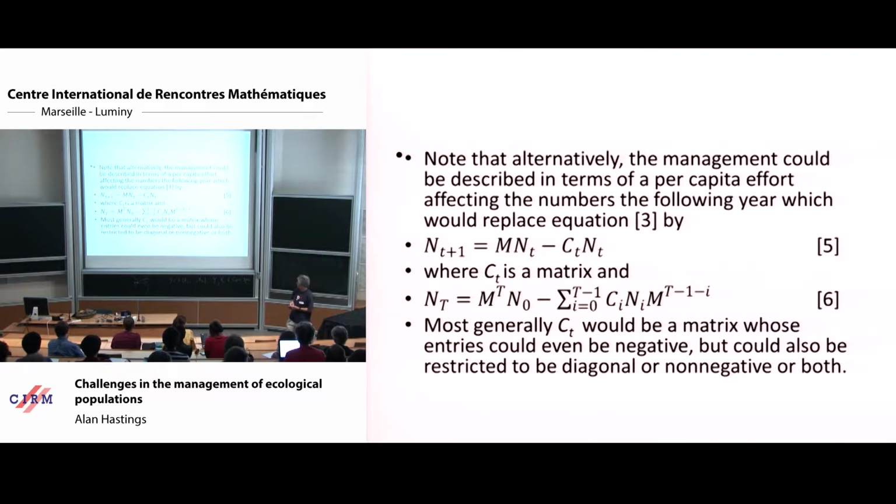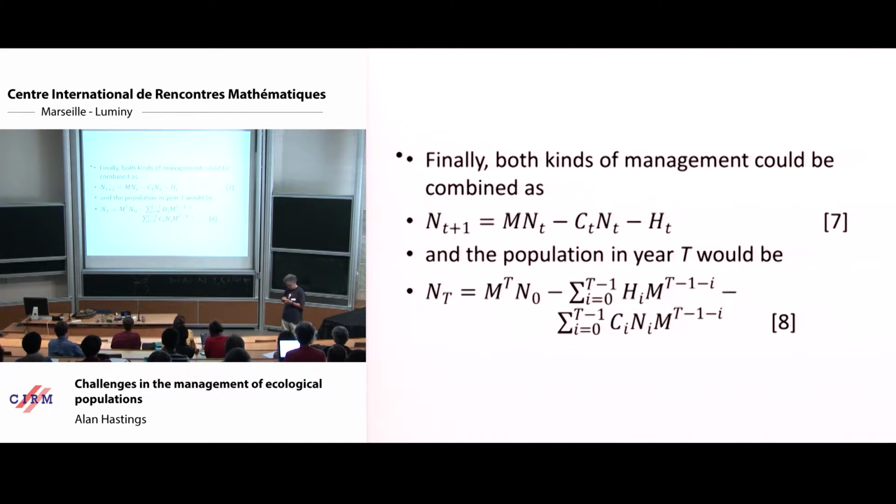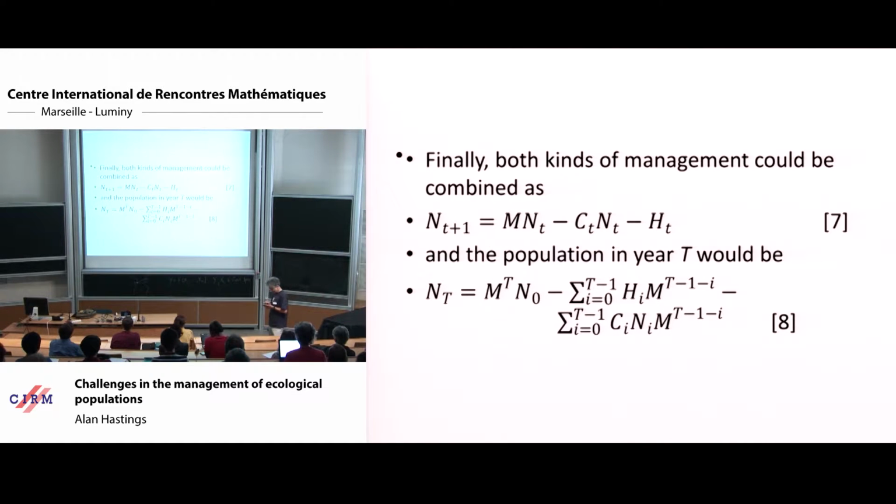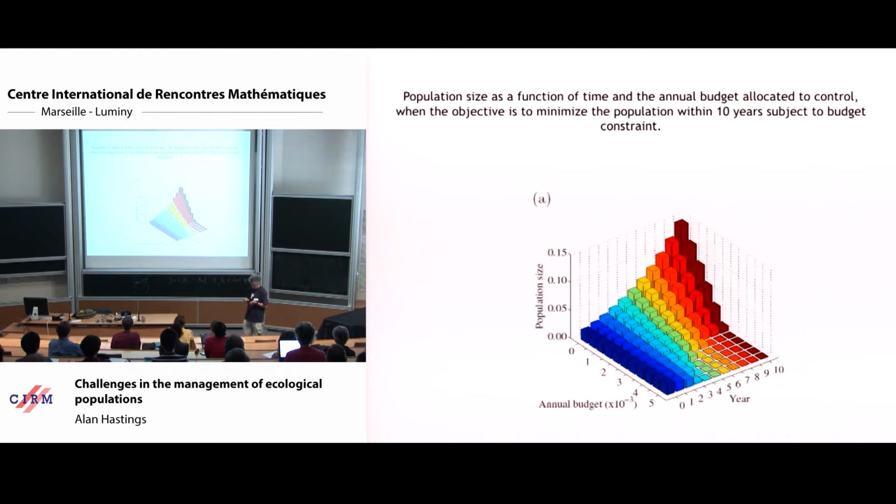Once we've done that, we can still project that forwards. So we have a system where everything is nice and linear, and you could combine all these strategies and still have something that's easy to deal with.